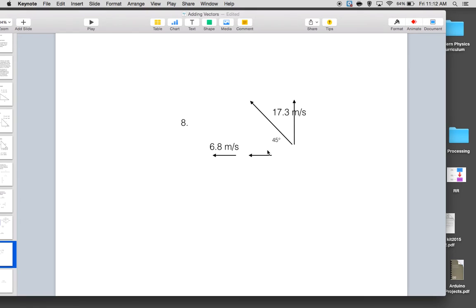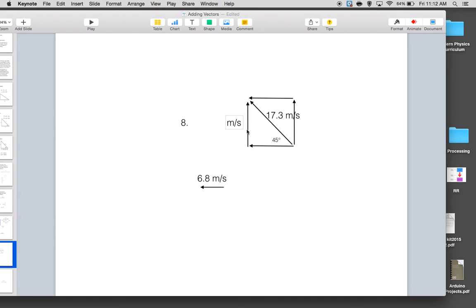We can get rid of this guy for now. So we're starting to look at the components of this 17.3 meter per second vector. Let's move this guy for now and create a little box here for us to write on.